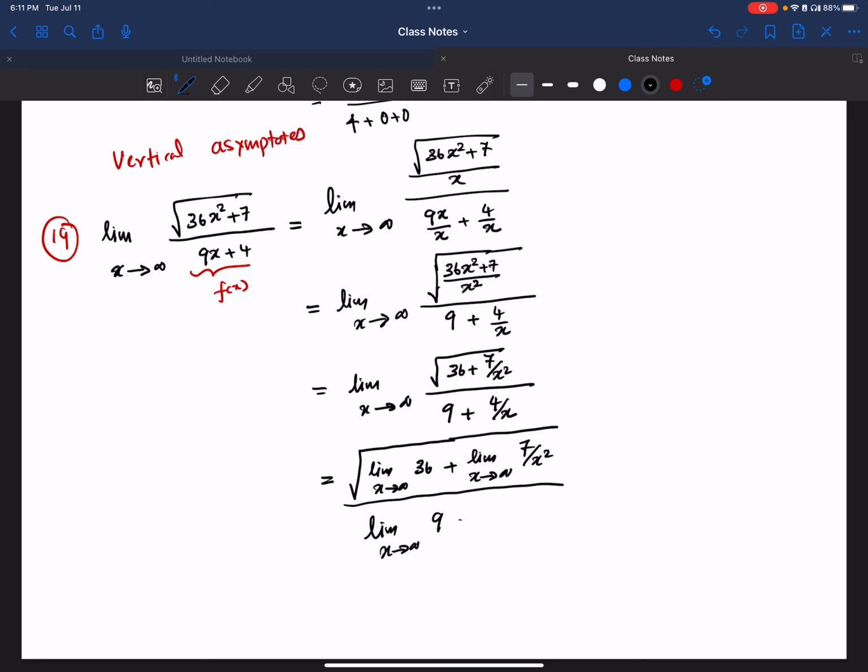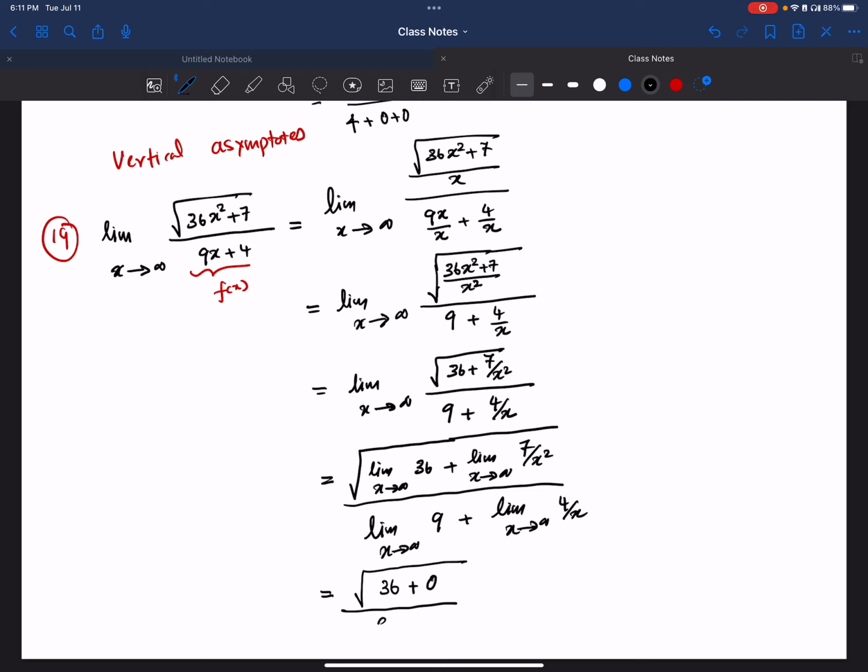We have used the quotient rule as well here. Inside the square root we have 36, and the second term is 7 over x squared. This term goes to 0 when x goes to infinity, so you can put 0.